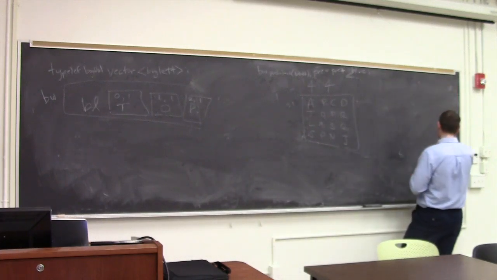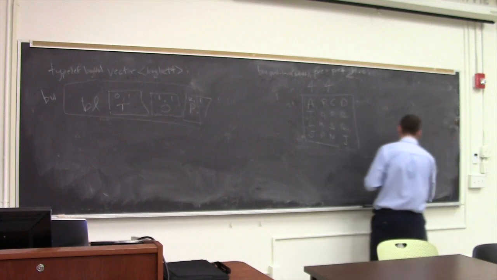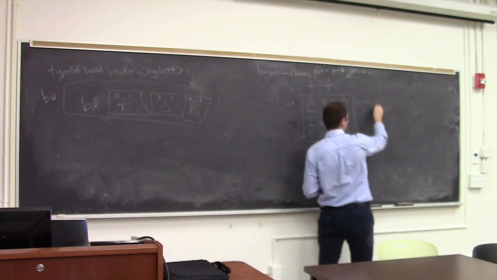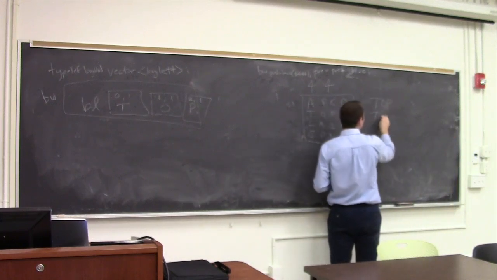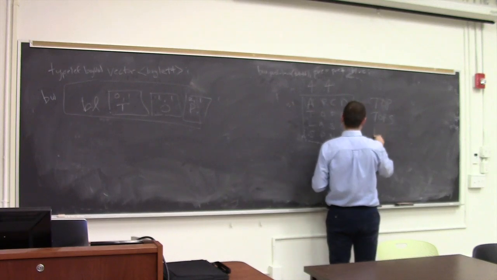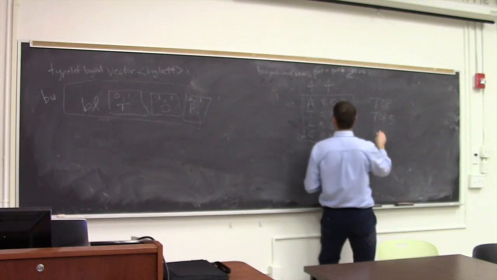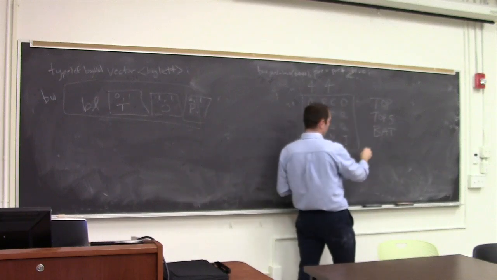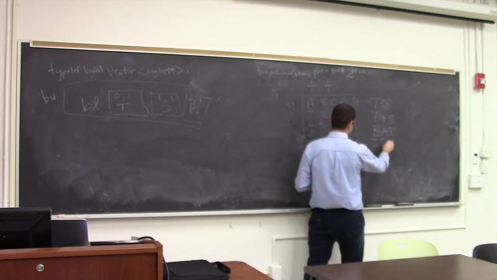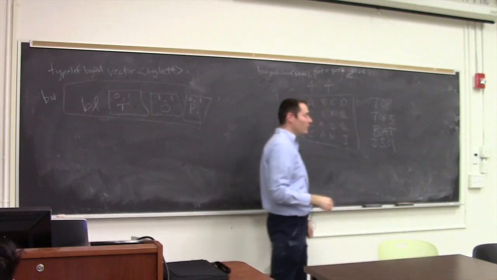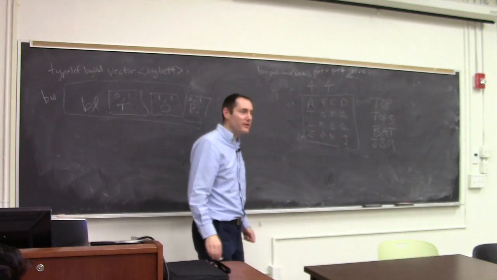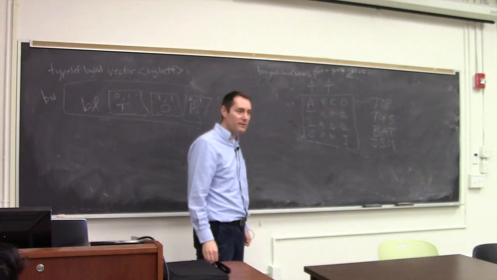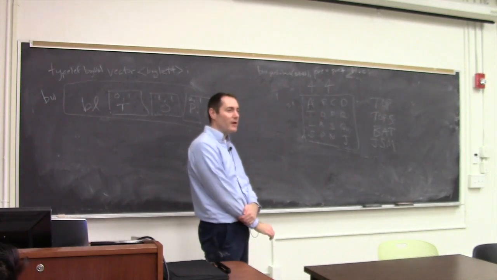So basically, what's the strategy going to be if I give you a list of words? Top, tops, and some other things in here. Bat is one. And then I give you some that aren't words, like JSM or something like that. What's the strategy going to be to figure out if it's in the board or not? This is what we have to figure out.